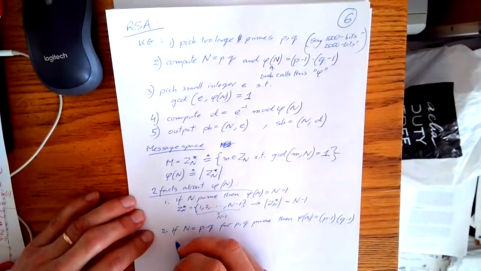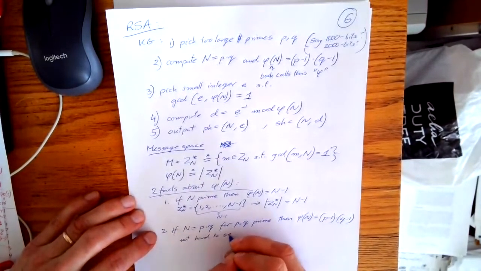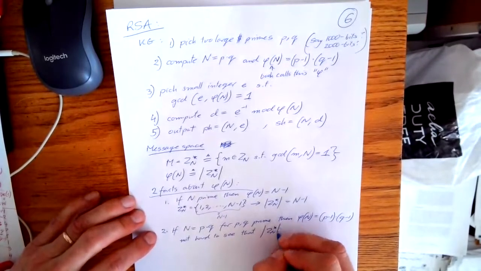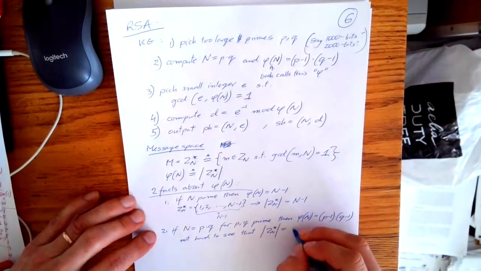And you can check, not hard to see, that Z_n star must be of this size.